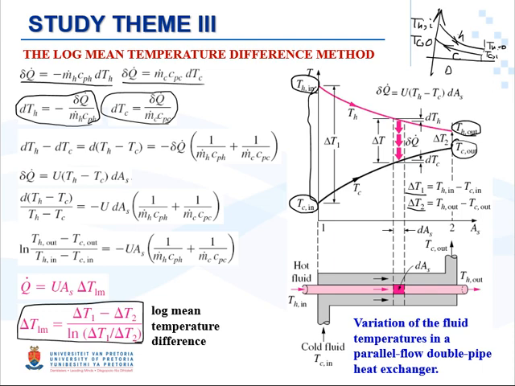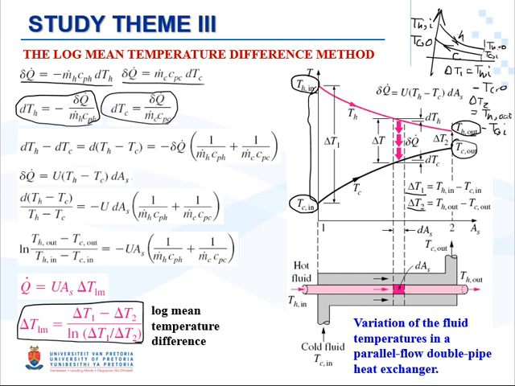So here for me, delta T1 will be T hot inlet minus T cold outlet, and delta T2 will be T hot out minus T cold in.